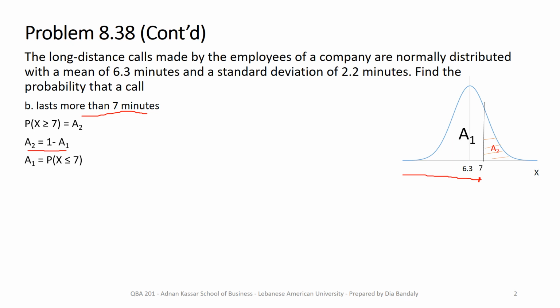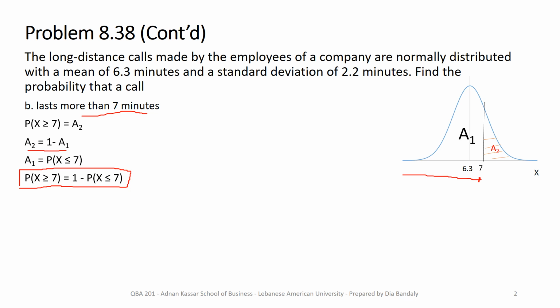And this is something that I like because it's a cumulative from the lower tail, which I can read in the table. All right, so this is now a relationship between the two probability statements. P of x greater than 7 is 1 minus P of x less or equal than 7. You're going to use that a lot in your life.